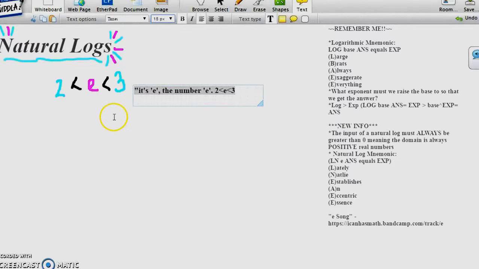E actually is an irrational number, and by that I mean you can't simply put it into a ratio. Fun fact about e is that the complete value of e has not been fully determined, and they've only calculated about 869,194,101 decimal places of e, which is kind of a lot, like pi, but more irrational.